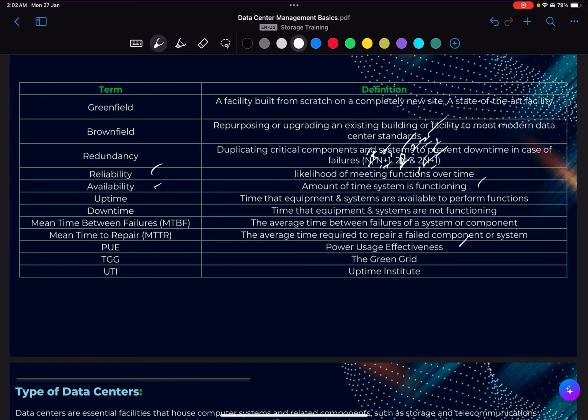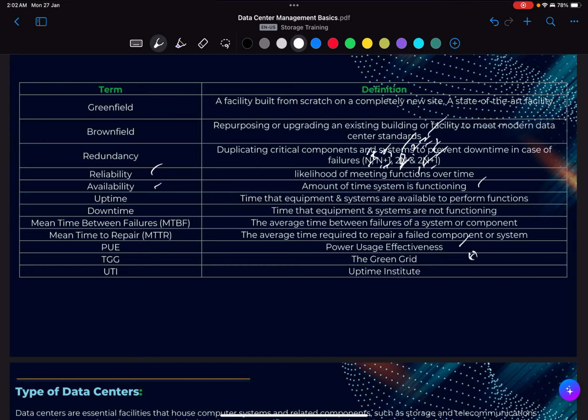Then there is The Green Grid. It is an institution which monitors efficiency, the green efficiency you can say, whether it is power efficiency, cooling efficiency, or a lot of other efficiencies.